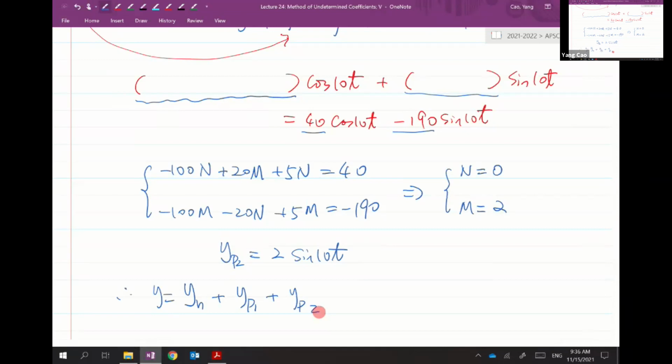Right, so this example, if you reflect on it, you can see you have a very complicated expression for f of t, but you can break it down into 2 different inputs, one exponential, one sinusoidal, and then you're essentially treating it like solving 2 different second order differential equations with 2 different inputs, right?